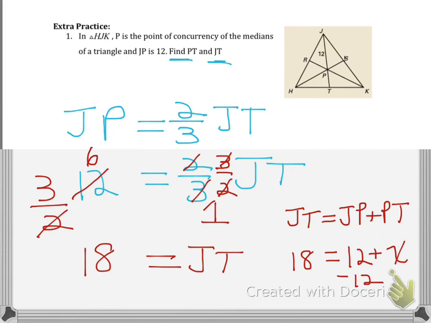Subtract 12 from both sides, you get 6 equals x, and in this case the x was the PT, which was this piece right down here. Okay, right there. Alright, so does this make sense?